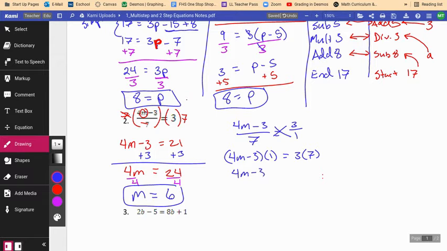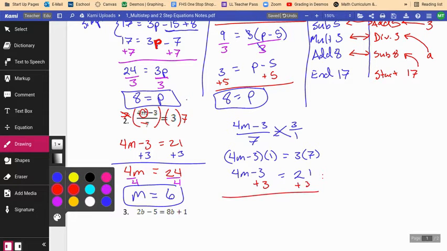So 4m minus 3 times 1 is just 4m minus 3. 3 times 7 is 21. Nothing left to simplify. So now, again, I isolate my variable. Divide by 4. M again is equal to 6.